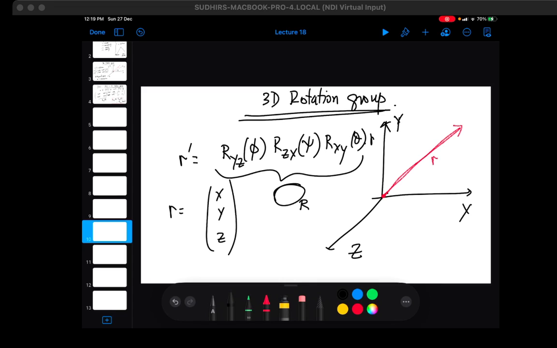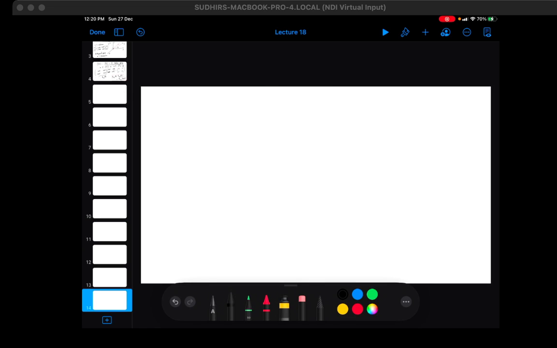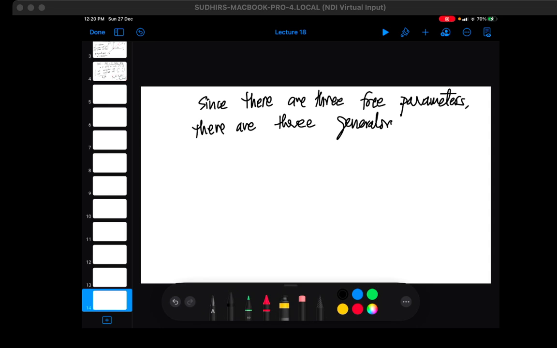That's the reason we are studying it anyway. Okay, so there are three free parameters, so there are three generators, each corresponding to one of these. So you can readily express everything in terms of these generators.